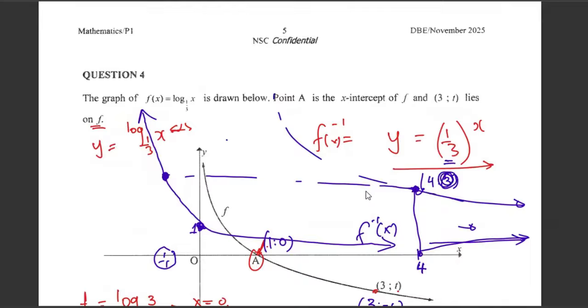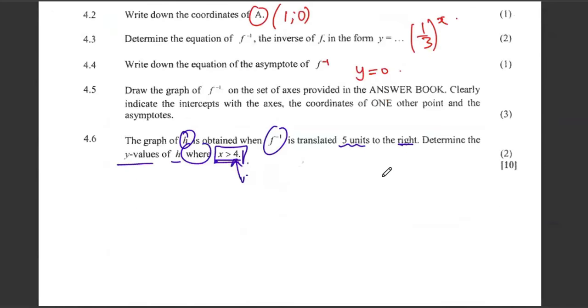But remember, this graph is tending towards this asymptote, so it's between 3 and 0. There is no equal sign there, so we're going to say 0 is less than y, which is less than 3. That is how I would have approached that question.